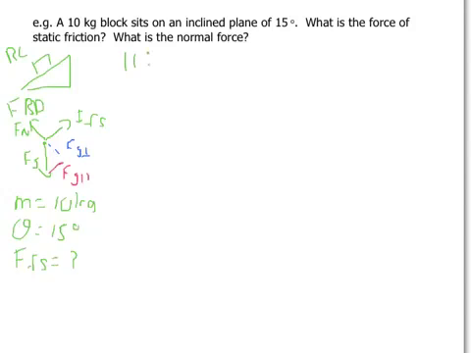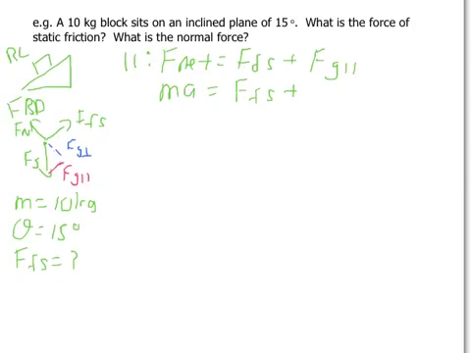Our net force equation for the parallel direction is the force of static friction plus the force of gravity in the parallel component. F net we can always substitute with ma, equals force of static friction, and Fg parallel we can replace with mg sine theta.